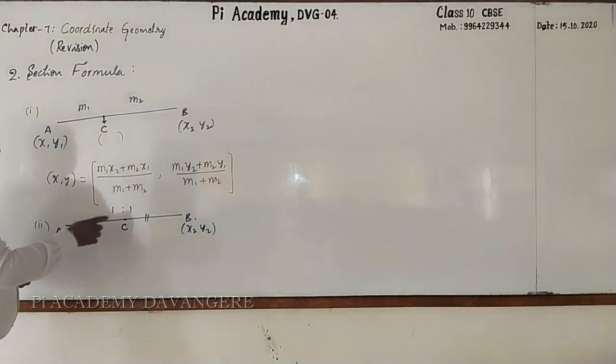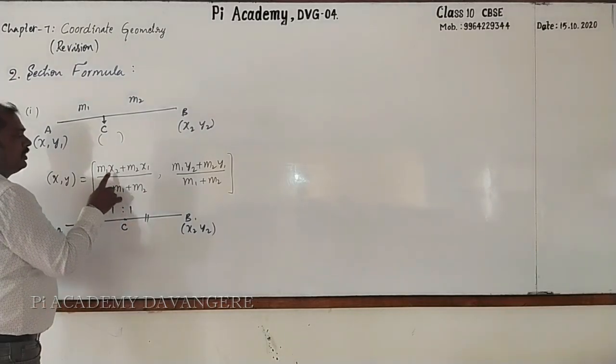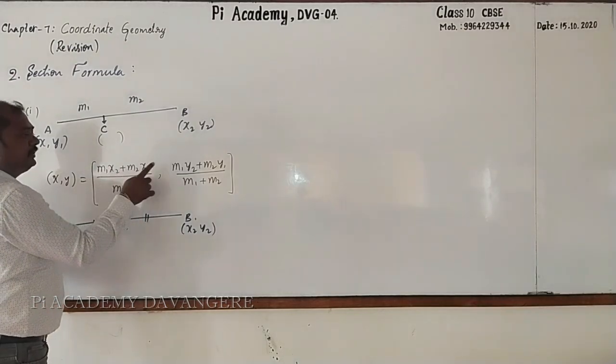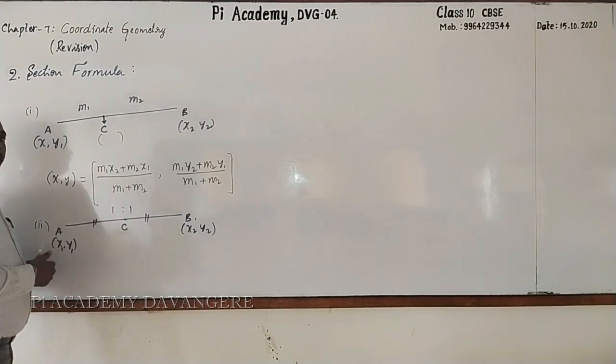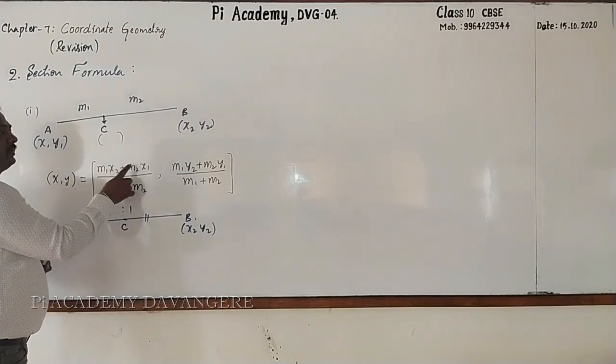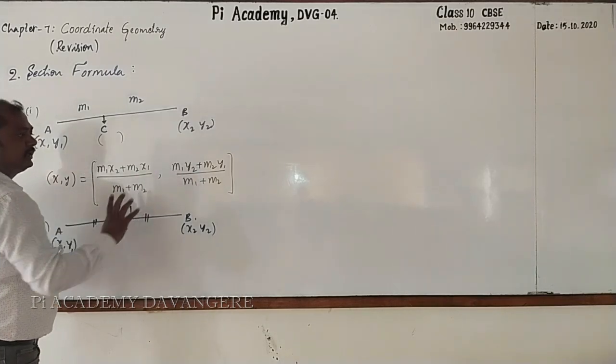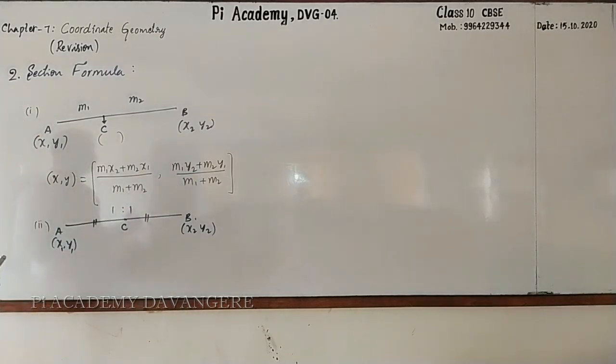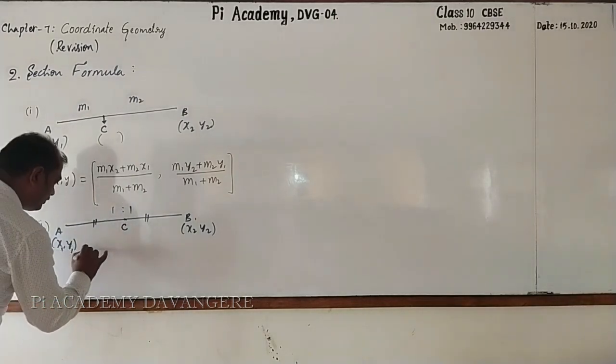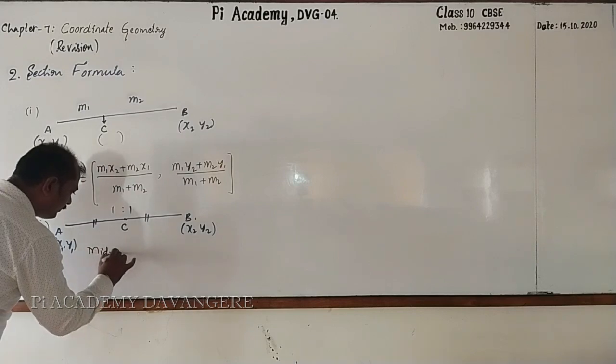Then when you use this section formula, you will have to write 1 and 1 in place of m1 and m2. Then what will be remaining? It is x1 plus x2 by 1 plus 1, that is 2. Here y1 plus y2 by 2. Followed? And we call this the midpoint formula. Please do remember. This is the midpoint formula.